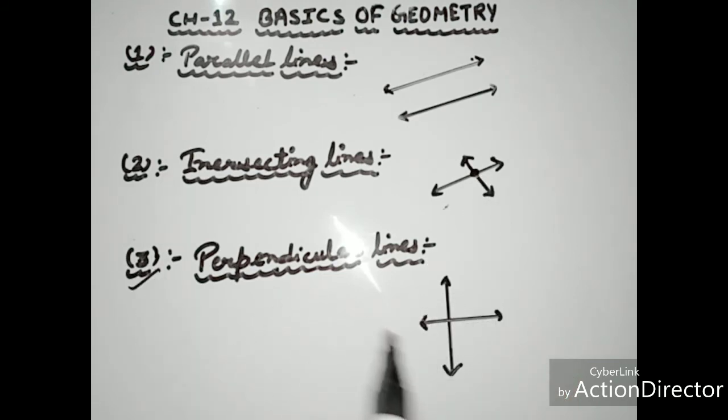Perpendicular lines. When two lines or two intersecting lines meet to form right angles, they are called perpendicular lines. Like these two lines intersect at this point, and both lines are perpendicular to each other.